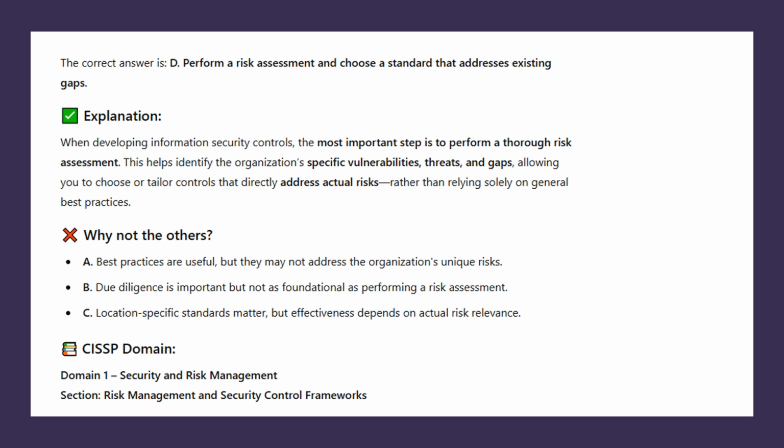Yes, due diligence is extremely important, but not as foundational as performing a risk assessment. And C is also important because location specific standards matter, but effectiveness depends on actual risk relevance. So control should be based on risk. And that's why performing a risk assessment in this case is the best answer.